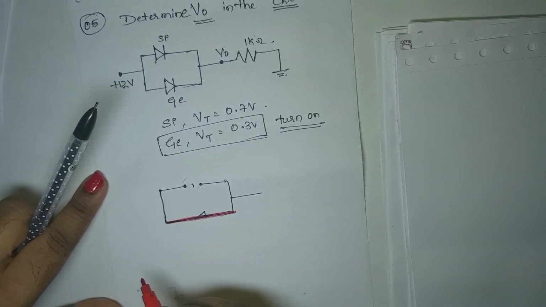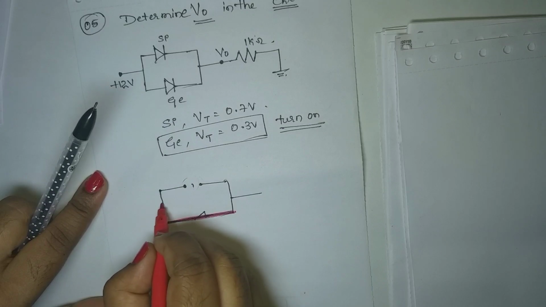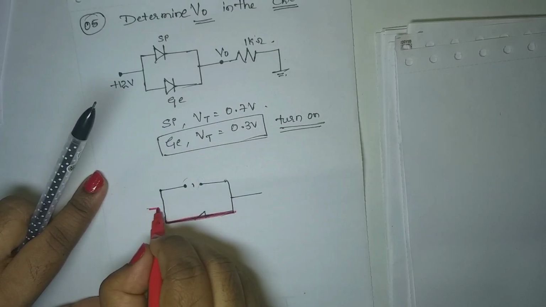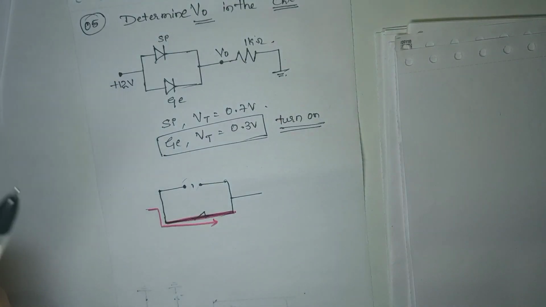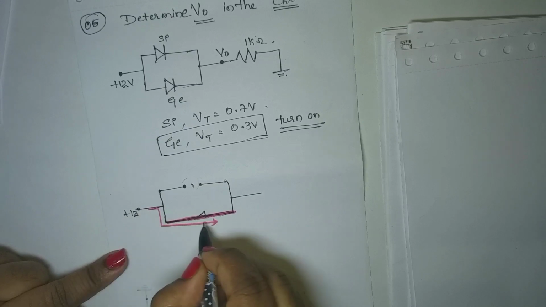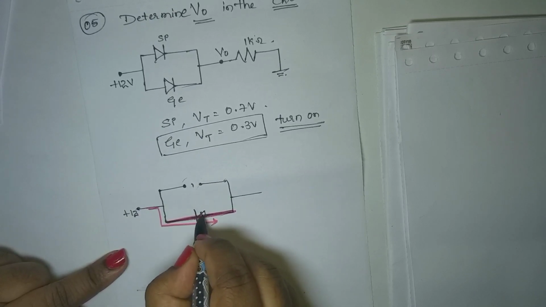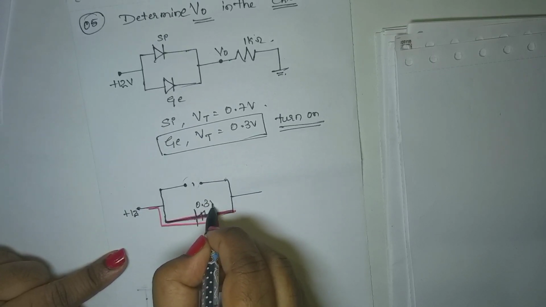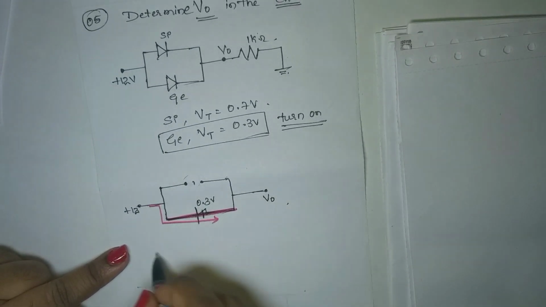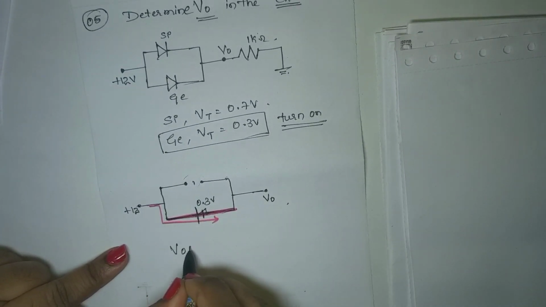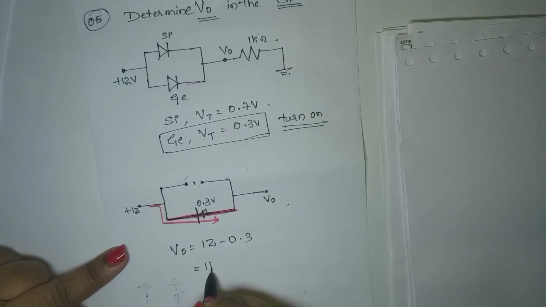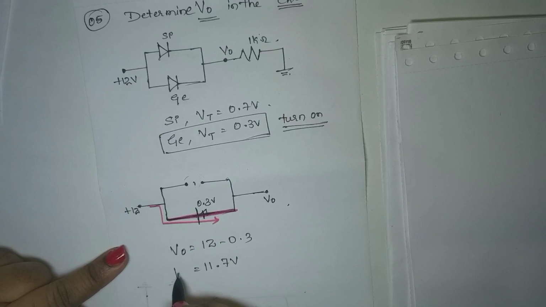If there is a short circuit path, the current will not take any other deviation. It will directly flow through this path. So here you will be having plus 12 volts, and what is the voltage drop here? It is 0.3 volts, and you need to find V naught. So applying KVL, V naught will be equal to 12 minus 0.3, which is equal to 11.7 volts.